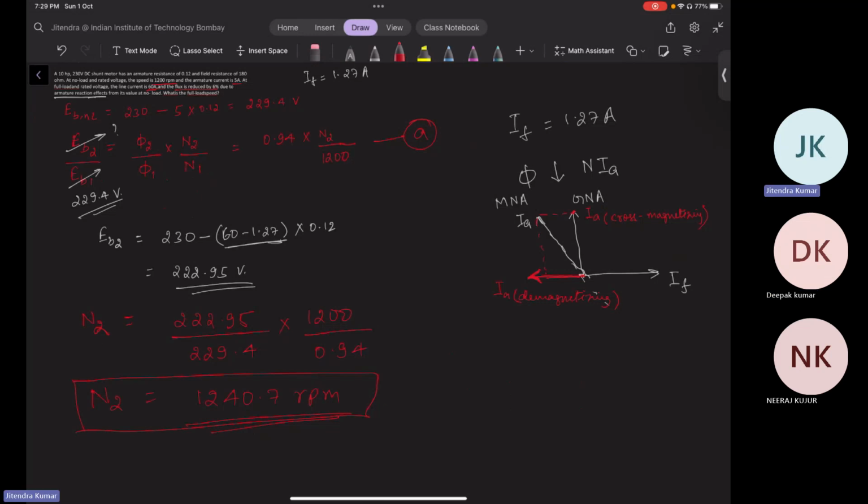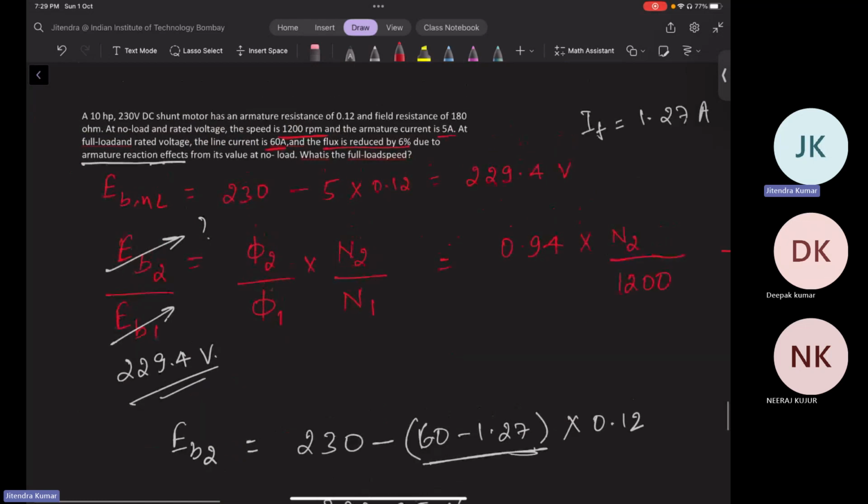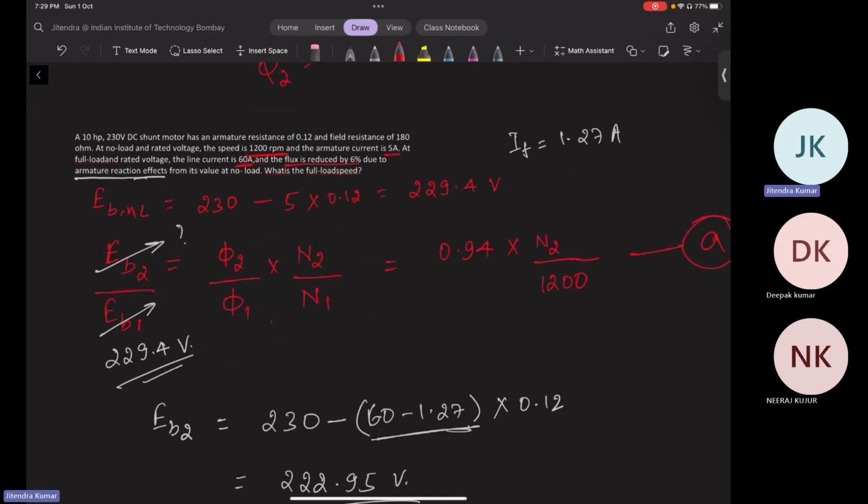Yes, because if you reduce the field current, since you pointed out initially a very perfect point that it is getting reduced by armature reaction effect, not by field current reduction. It is our general tendency to conveniently reduce the field current.